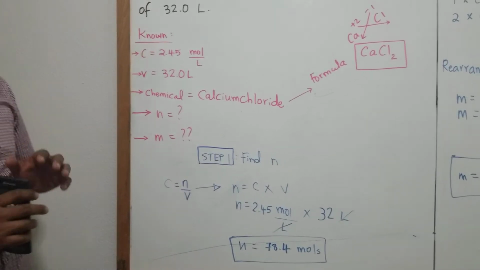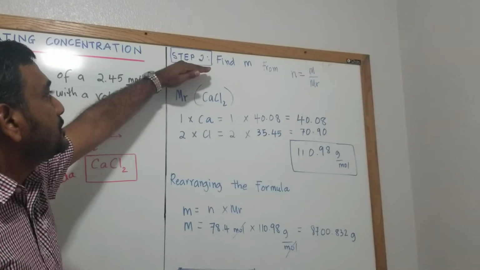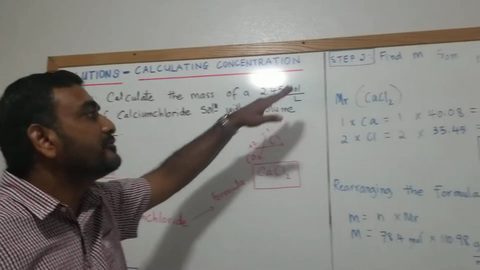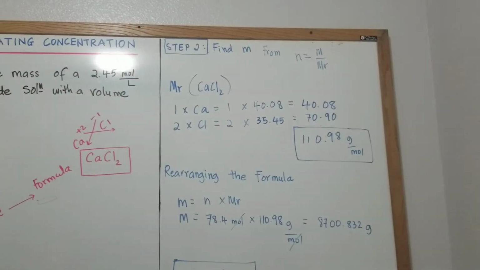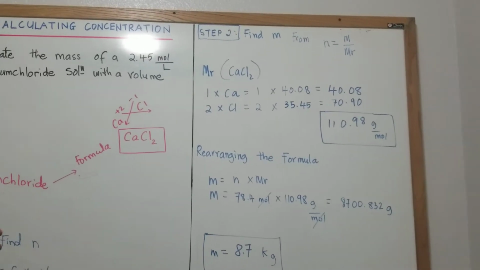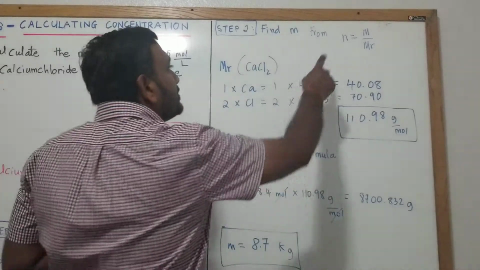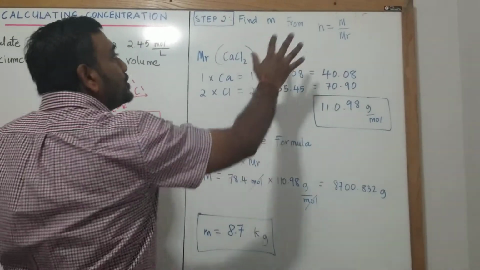So step 2 of the solution is going to actually solve this question by finding the mass. From the formula, number of moles is equal to mass divided by molar mass. So actually 2 unknowns are found in this question. First one is number of moles and the second one is mass. So mass and moles are related to each other with this formula.